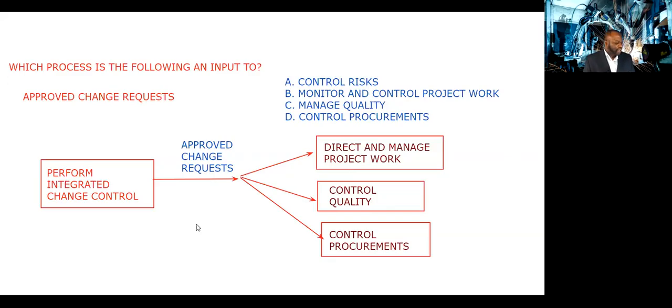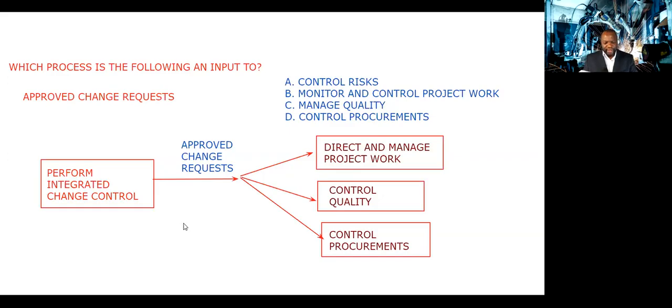But the bottom line is, when PMI is explicit about something, you have to go with that for the answer. And the explicit ones, oh, one more place to show you. One more thing to remind you of is all of these figures, the data flows.